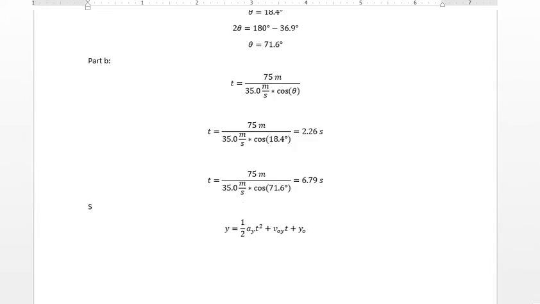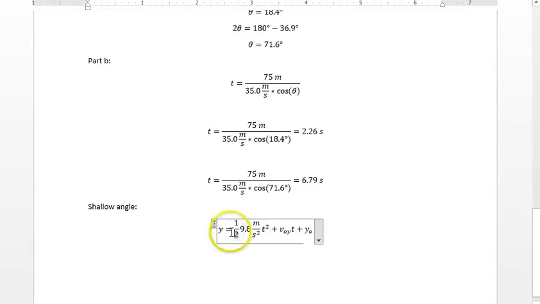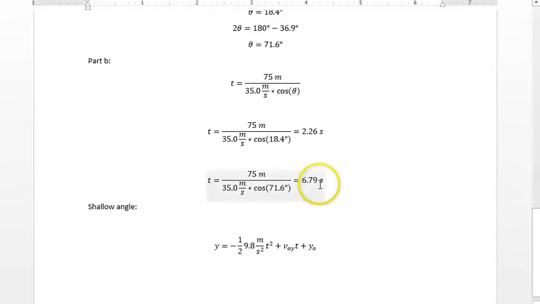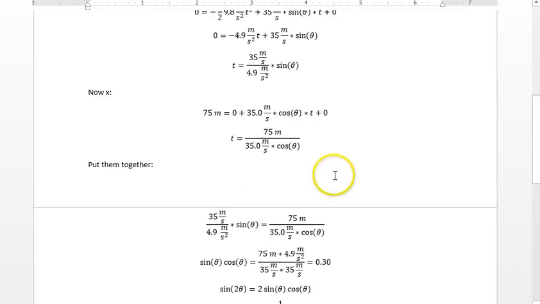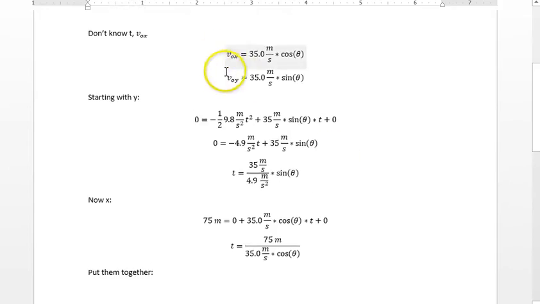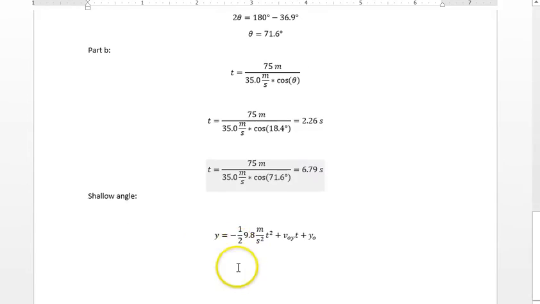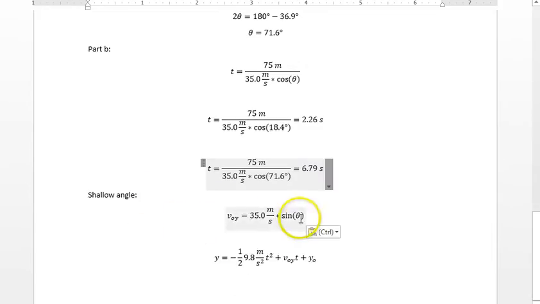Okay, now shallow angle. Our equation for y, so we have 9.8 meters per second squared for the acceleration, that is a negative, right? And when we're doing the equation for y, v naught y is 35 meters per second times the sine of the angle, right?